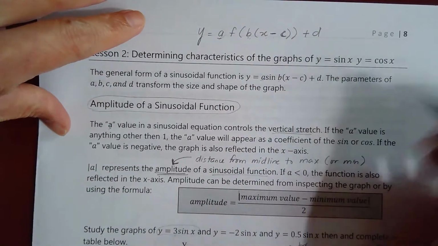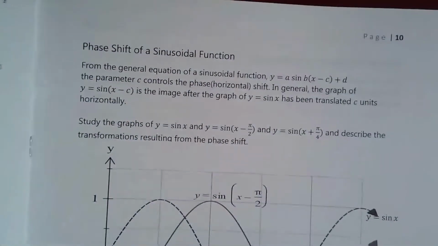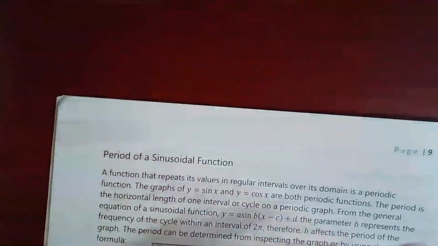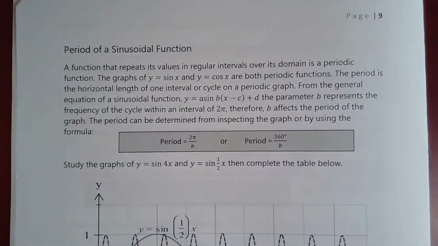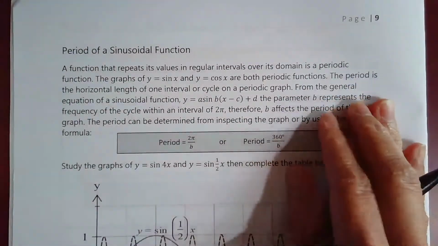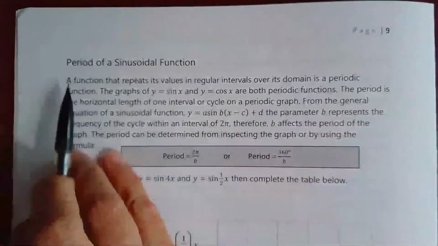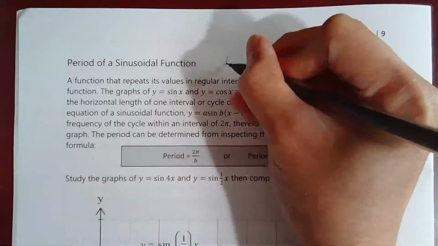Oh, it's okay. I have it all over here. Now let's take a look at the next one. The next one is the b value. So I'm just going to write the function here.